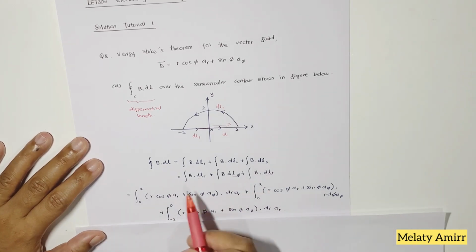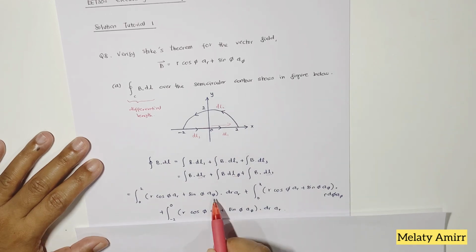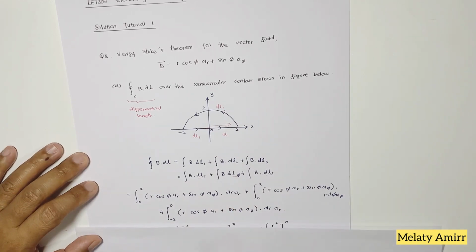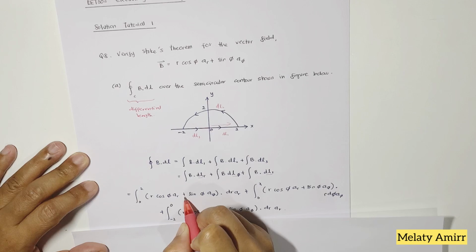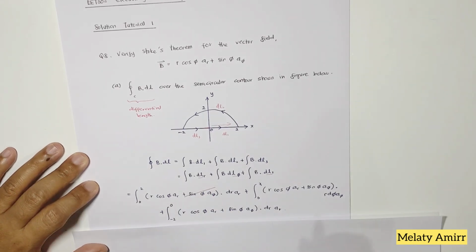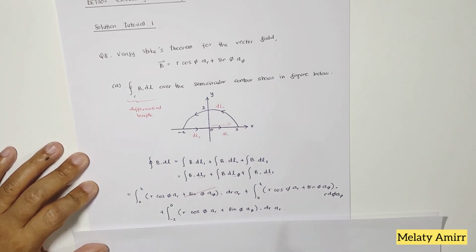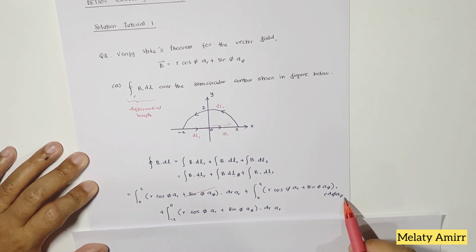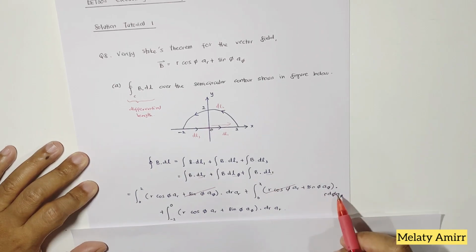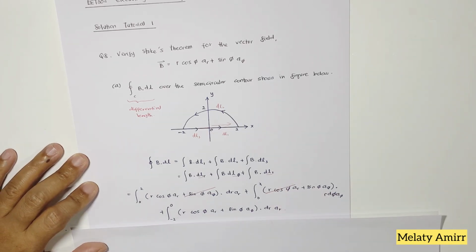So first, we need to check the dot products here. a_r dot a_r is equal to 1, but a_phi dot a_r equal to 0. So automatically we can remove these terms. For the second part here, a_r dot a_phi is equal to 0 and a_phi dot a_phi equal to 1, so we maintain these terms and remove these terms.